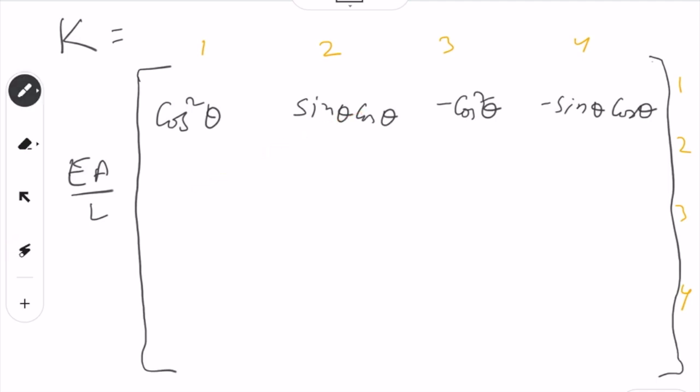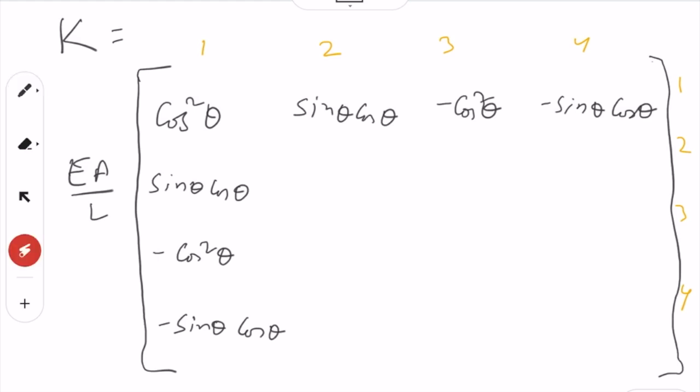In fact we can copy from here, because we note that the stiffness matrix is going to be symmetric. So anyway we write sin theta cos theta, here minus cos square theta, here minus sin theta cos theta.